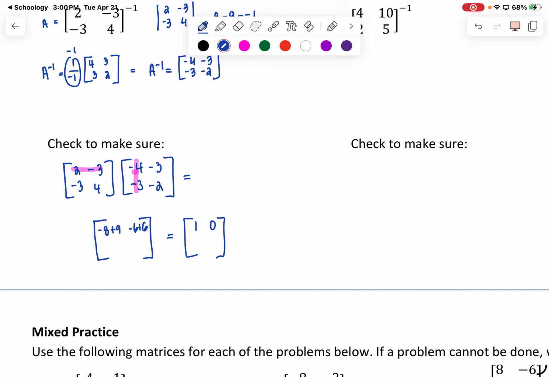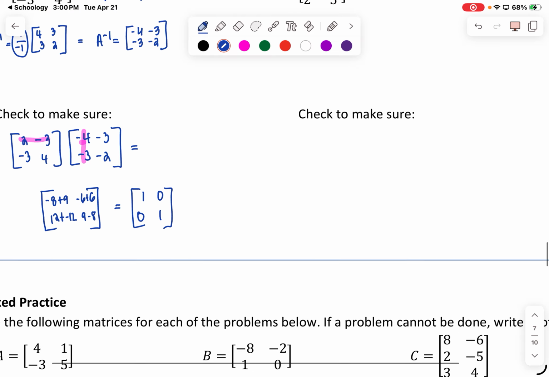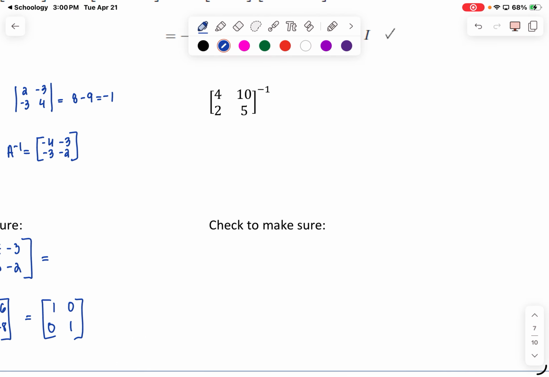Row 2 times column 1, that's 12 plus -12, which is 0. And then lastly, row 2 times column 2, 9 minus 8, which is 1. Whew, I did it. All right, and then you're also supposed to do it vice versa, but this is just checking to make sure we're doing it right. And there's a way to do this all on your calculator without doing any work, which we will see, okay? But I want you to be able to do it by hand also.